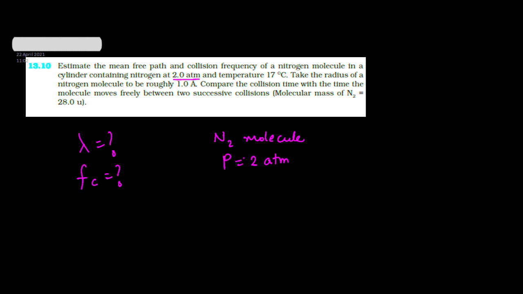P is 2 atm, but remember we have to convert it to SI. So 2 atm is how much in SI? 2 into 1.01, no need to write that, just write 1. 1 atm is 10 raised to 5 Pascal. Hopefully you still remember that.